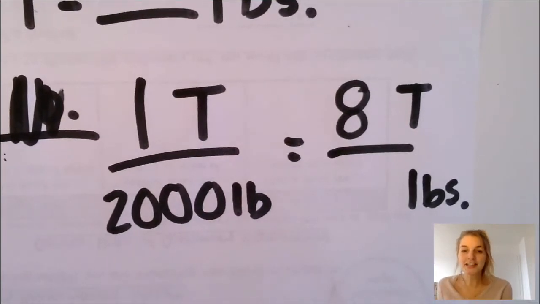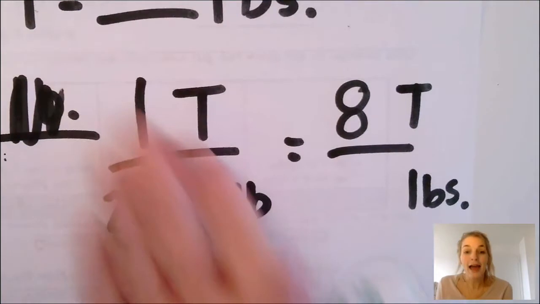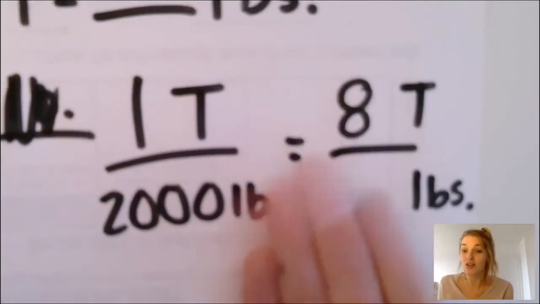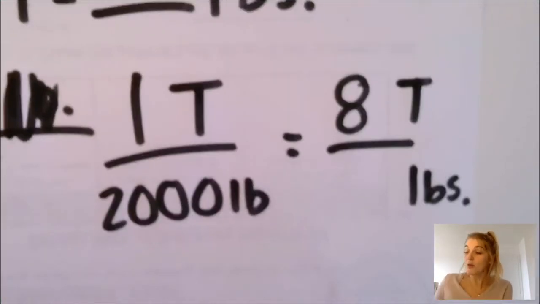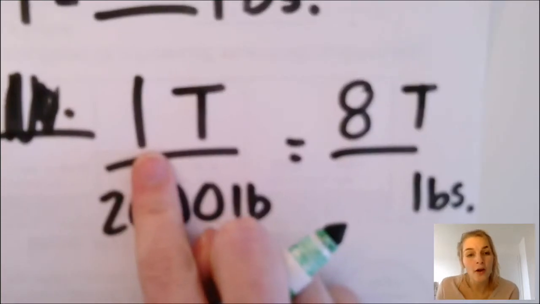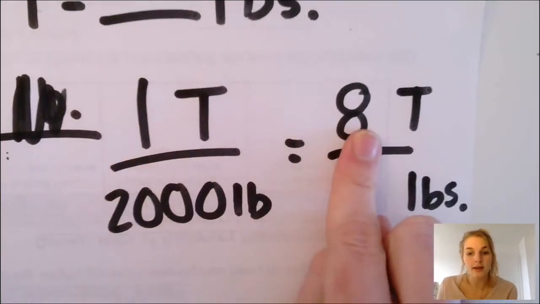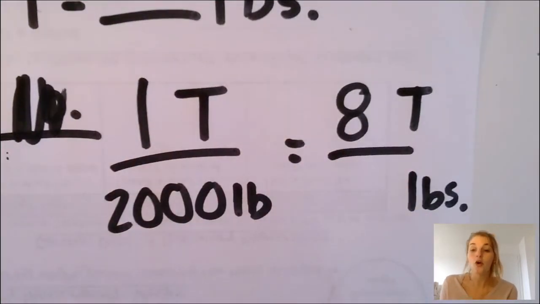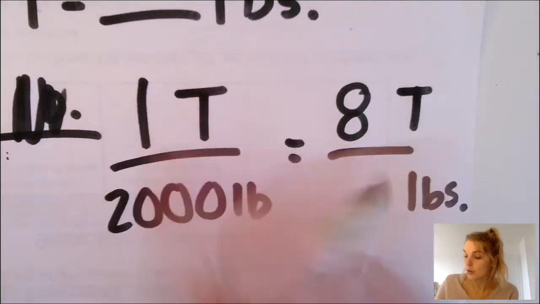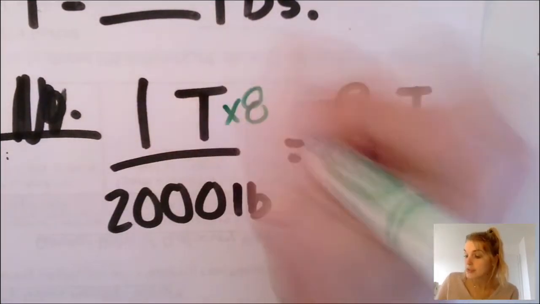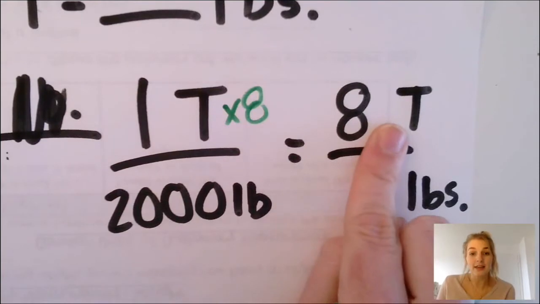They should be the same. So just like we did in fractions, remember what you do to the top, you do to the bottom. And we had problems that looked exactly like this a lot in fractions. And what we did was we said, okay, we have 1 here and we got to 8. Well, how did we get there? We multiplied by 8. 1 times 8 is 8.